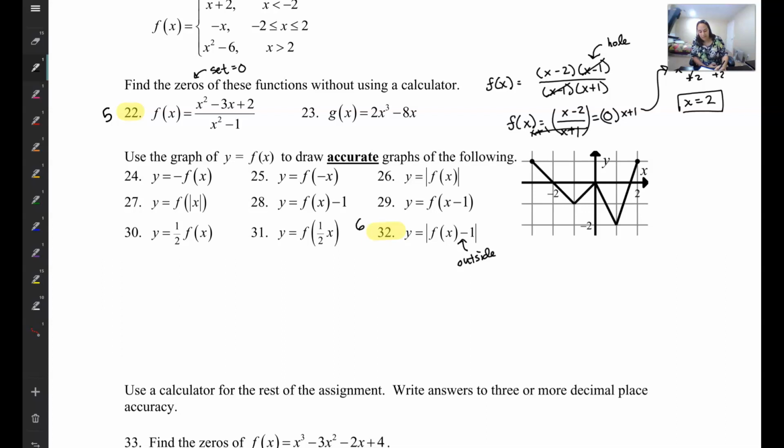So since it's outside the function, that's going to move up and down. So that means we're going to move down 1. Now if I'm thinking order of operations, I'm going to subtract that 1 before I do the absolute value. So let's do this transformation first, where we move everything down 1.